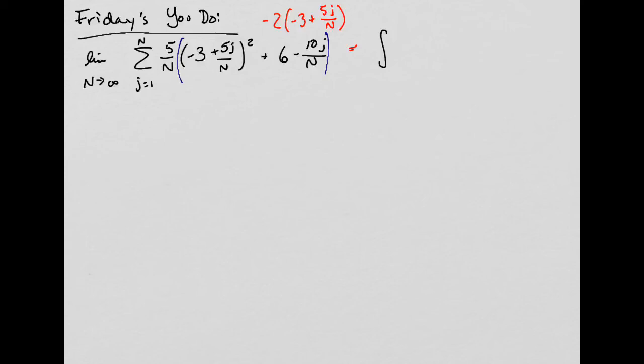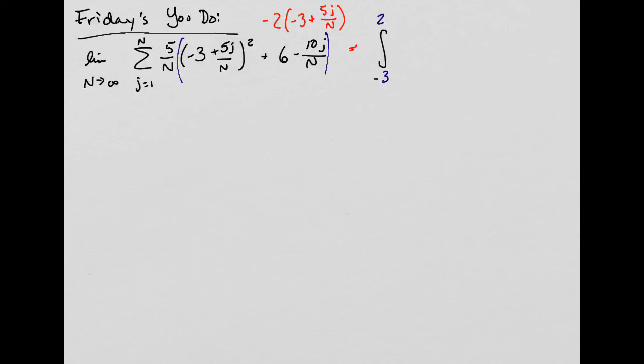If you saw that, that is the change that needed to be done. But anyway, the width of an individual rectangle is 5 over n, so the width of the entire length is 5. And if you look at this, you're starting at negative 3. So if you were to write in your limits of integration, you start at negative 3 and you go up by 5.